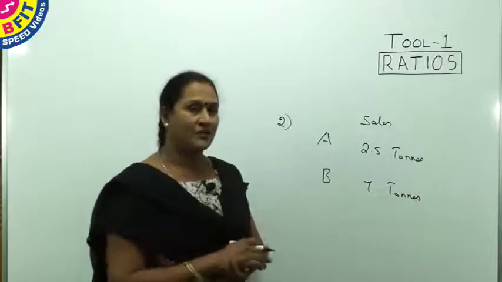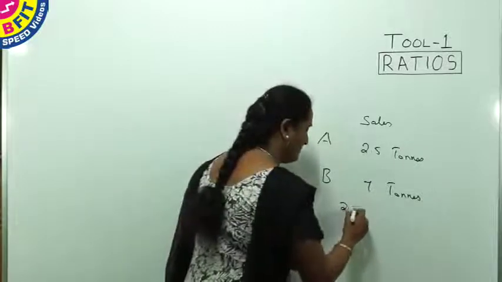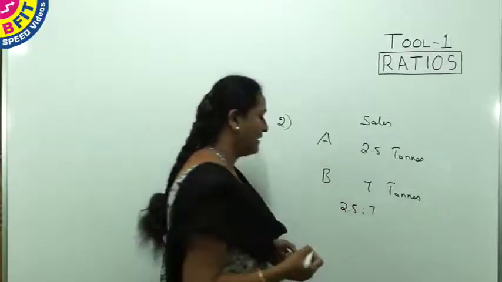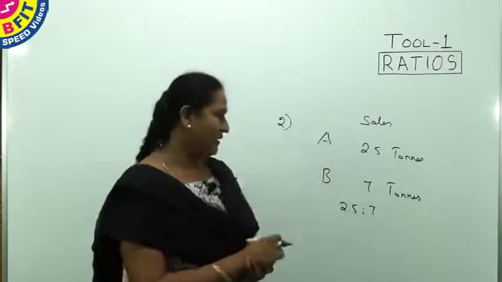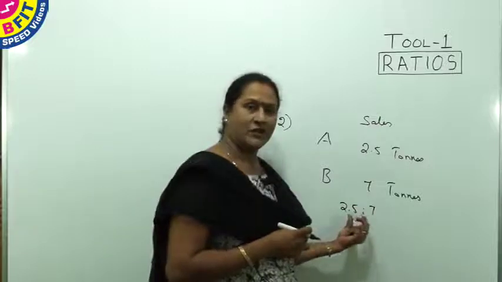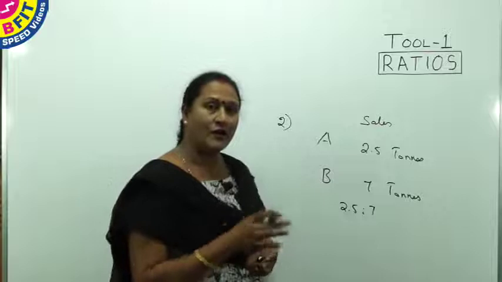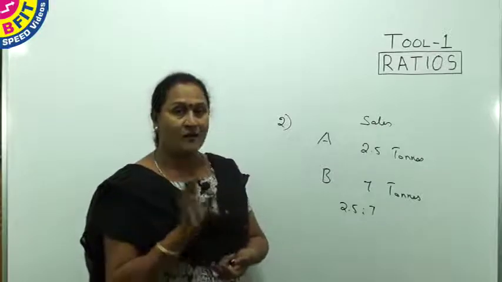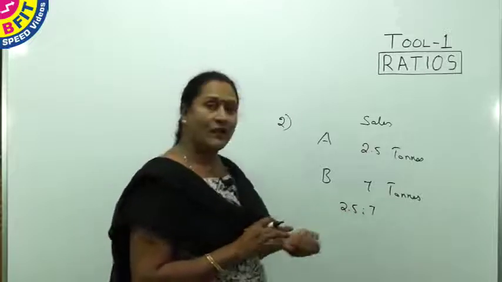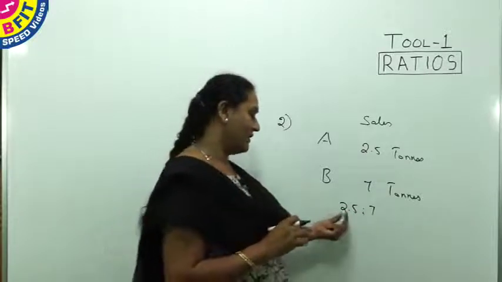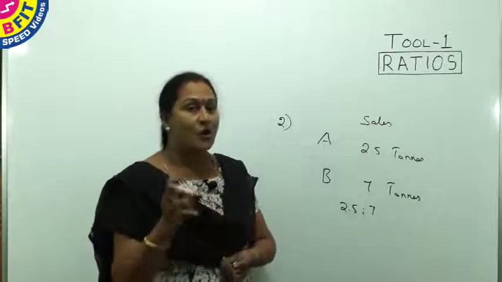The ratio we get is 2.5 is to 7. When you check this ratio in the options, it will not be there. In a hurry, we might go for none of these options, which is wrong, because a ratio cannot be in decimal format. It should be in integer format. So convert it to integer format, and after that check in the options.